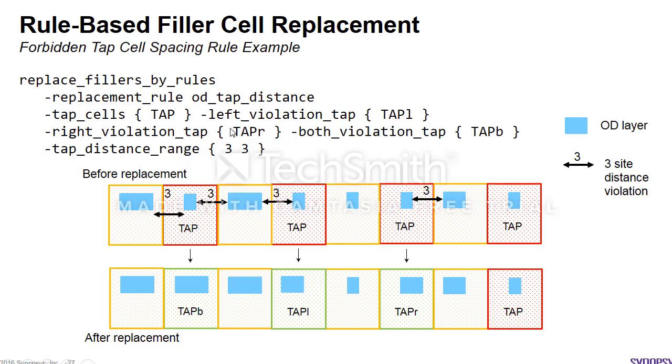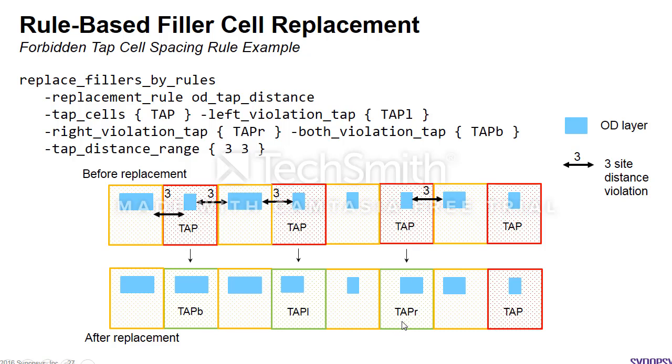For example, if it is the left tap cell, you will replace it with TPL. For this example, this tap cell has a violation, and because it is on the left, it will be replaced with TPL. And this example is right.